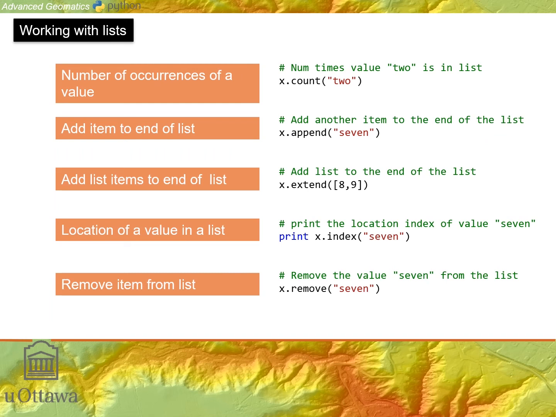Let's do some more work with lists for the number of occurrences of a value in a list, which could be interesting. So how many times does the value 2 occur in a particular list? We can add items to the end of the list by appending them. We can extend a list by using the extend method and giving another list in there, and that will extend the list with two more index values.